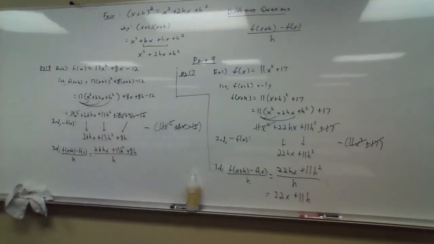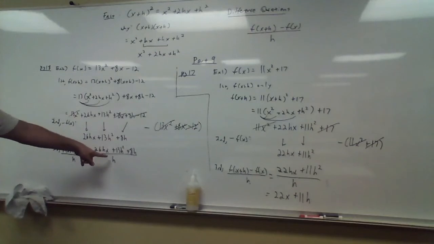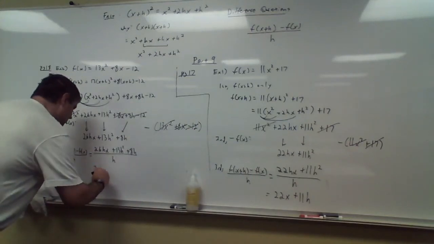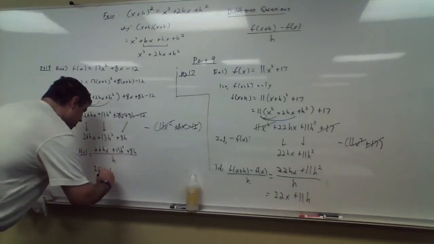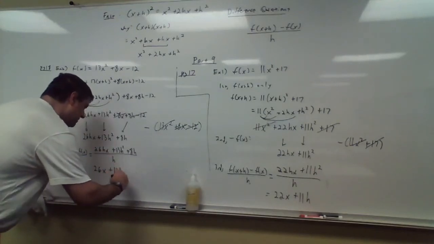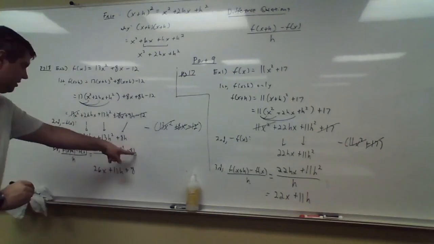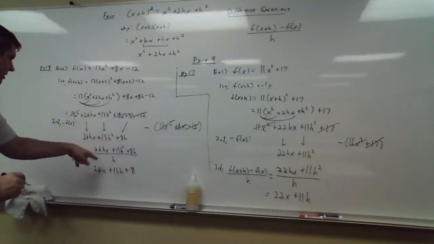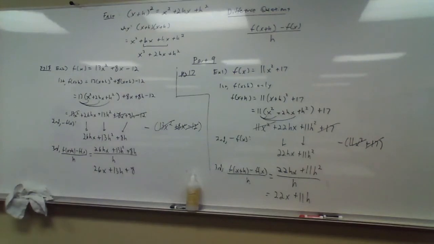Okay, and those h's are going to cancel against counterparts. So that would be 26x plus 13h plus 8. Okay, because the h's will cancel there. Go down, cancel, go down a power, cancel. All right, I'm going to clear the board. And we'll do the next part.